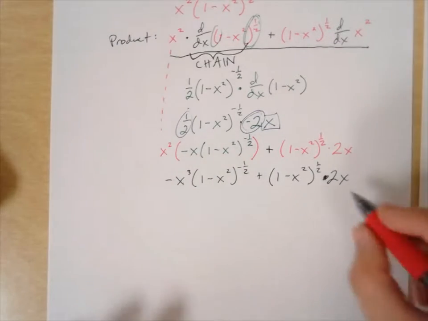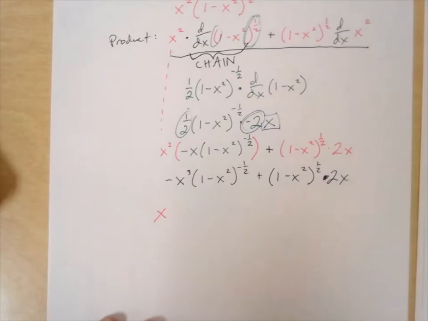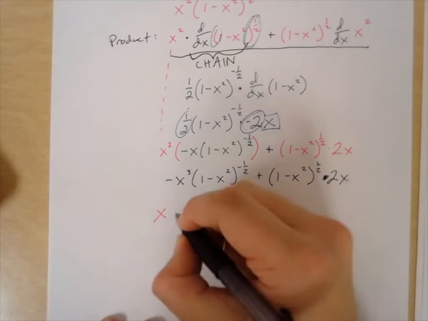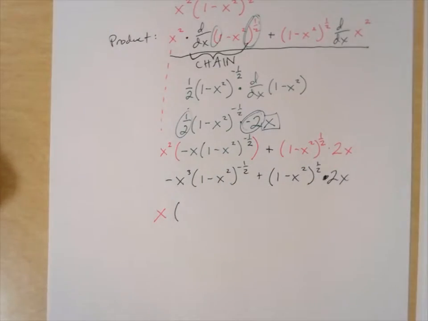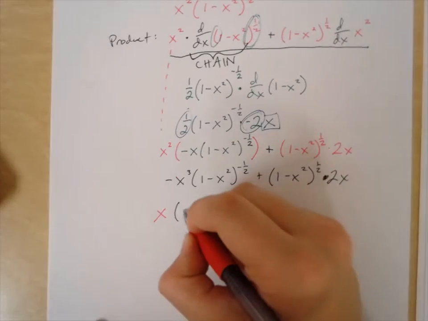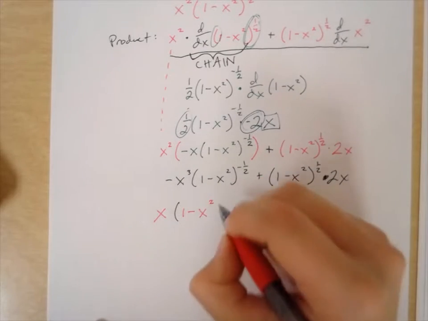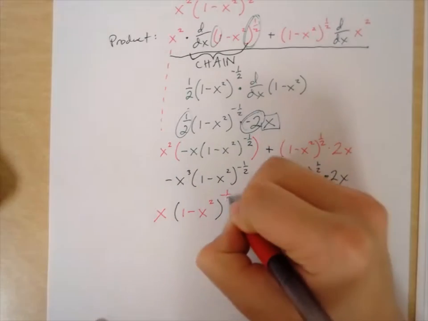So what we can do is we can factor out that x, and then what we're left with, if we took out an x from here, we also need to take out a 1 minus an x squared to the -1/2.